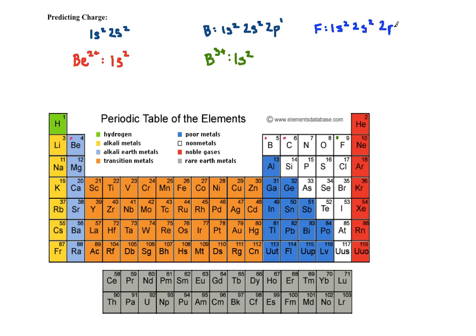Now, in order for fluorine to become a noble gas, it could either gain 1 electron to become neon, or it would have to lose 1, 2, 3, 4, skip, 5, 6, 7 valence electrons. So it would rather gain 1. So F is going to have a -1 charge by gaining 1 electron, and its electron configuration will be 1s2, 2s2, 2p6. Now it has the electron configuration of a noble gas, and it's very happy.